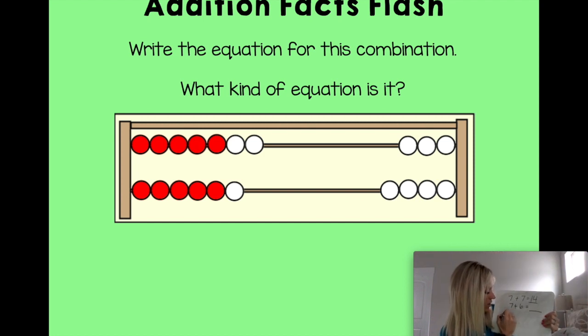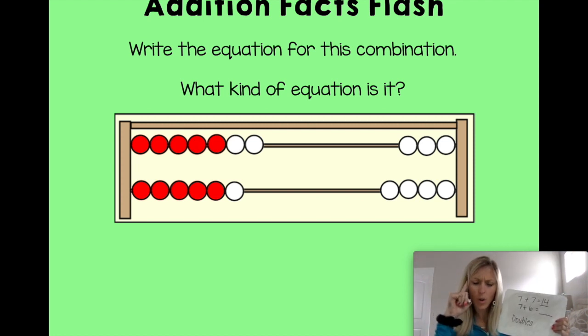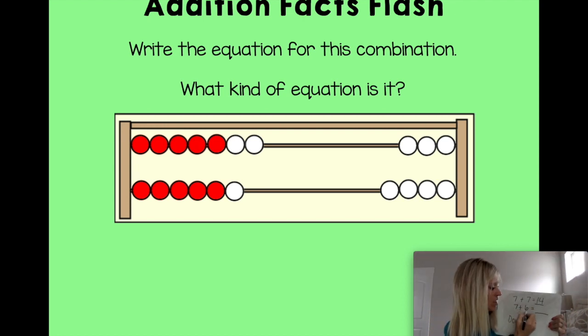Remember, what is it called? It's called doubles. Would I do plus or minus 1? What is 7 minus 6? 6 is 1 less than 7. So I'm going to use doubles minus 1.